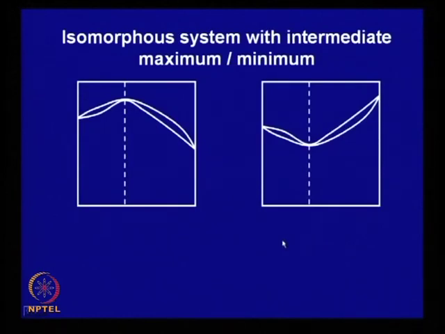Now, there are cases where this type of isomorphous system can exhibit maxima or minima. That means in between, there can be an alloy which has, in this particular case, a higher melting point than both A and B, which is shown in this diagram, and we will look at it here.